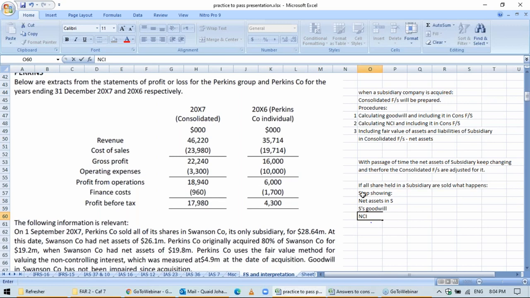So you will cease to show net assets in the subsidiary, the subsidiary's goodwill and NCI.